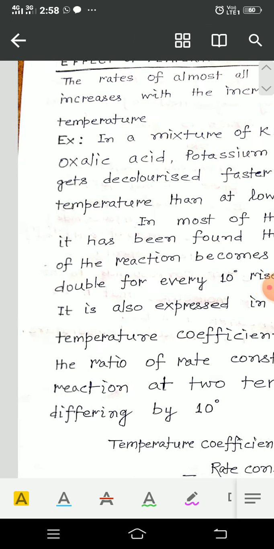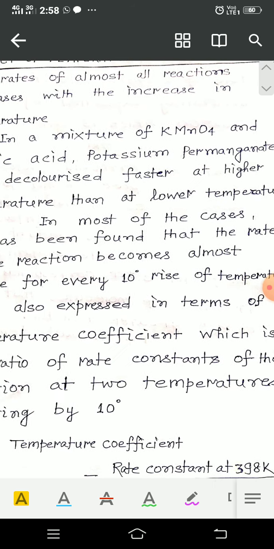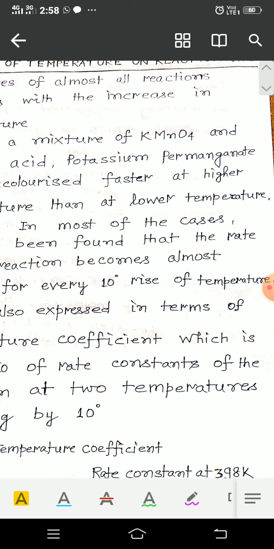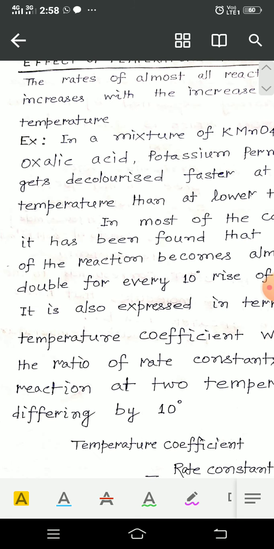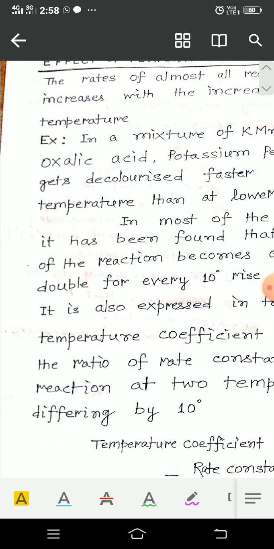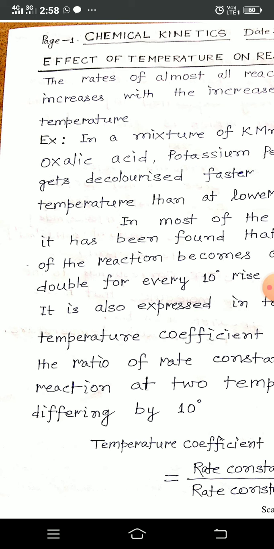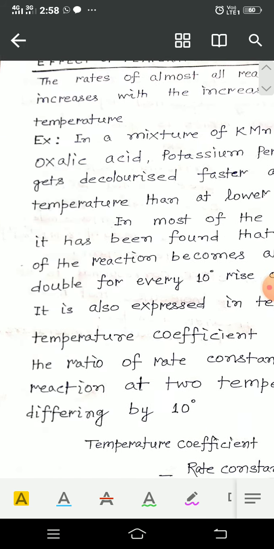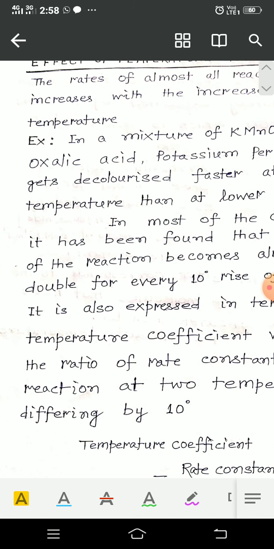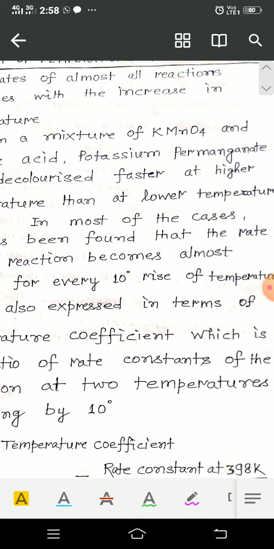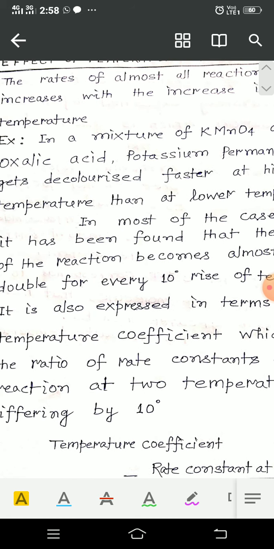it has been found that the rate of the reaction becomes almost double for every 10-degree rise of temperature. It is also expressed in terms of temperature coefficient, which is the ratio of rate constants of the reaction at two temperatures differing by 10 degrees.